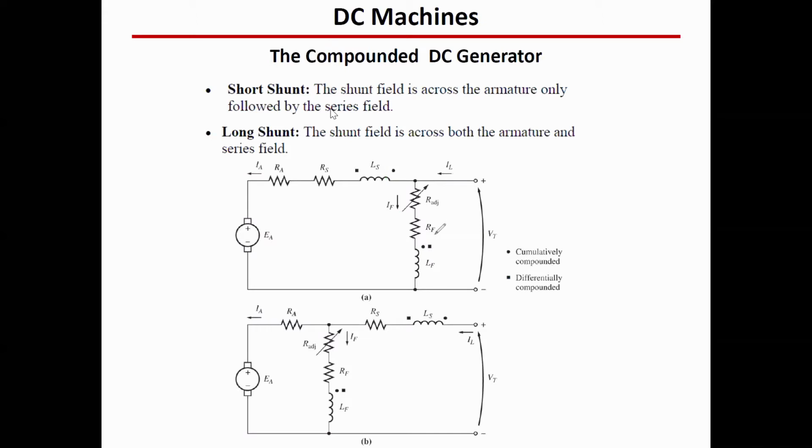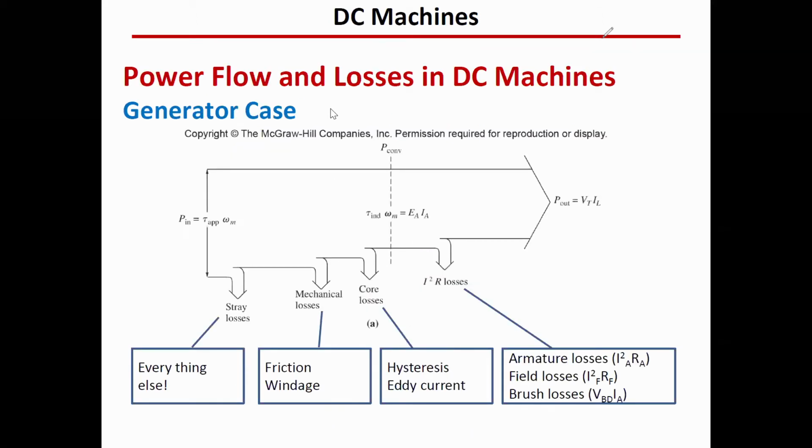If it is differential, meaning that the dot is here and after that the dot here, it means that they are opposite in terms of polarity. So the effect will be subtractive between them. And we're going to see at the end the behavior of each, cumulative compound and differential compound. So each connection here, the short or the long, can be cumulative and can also be differential.